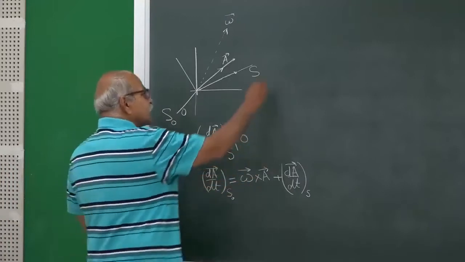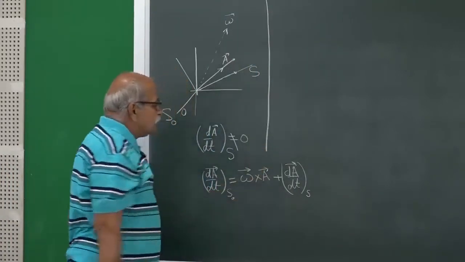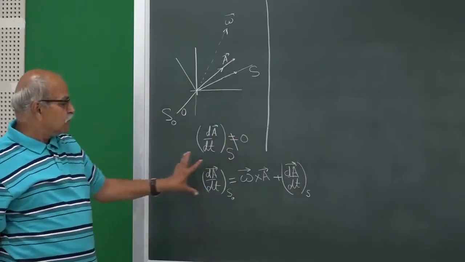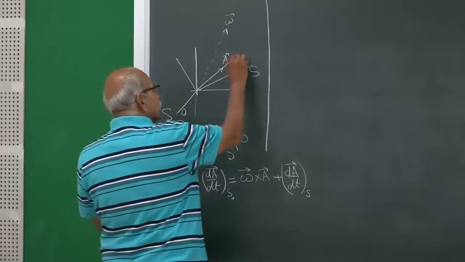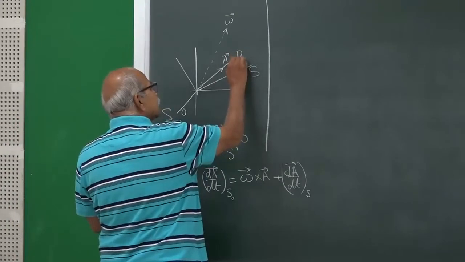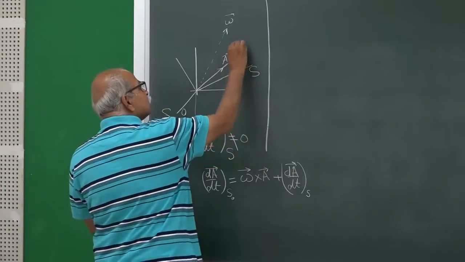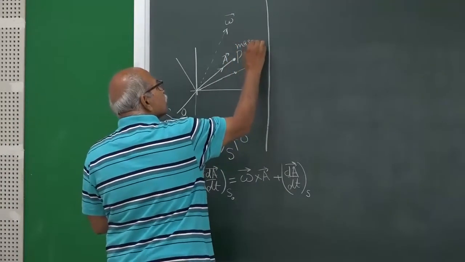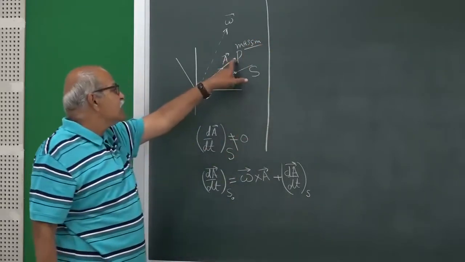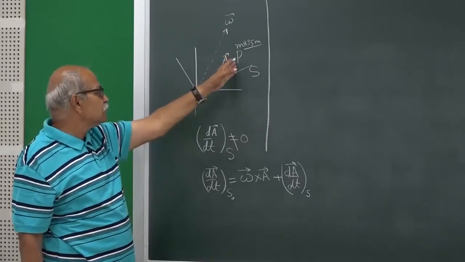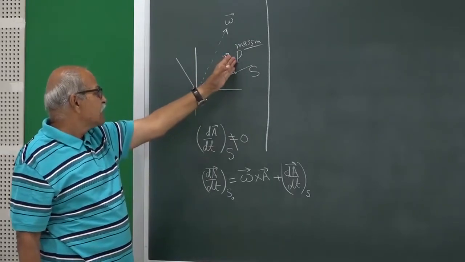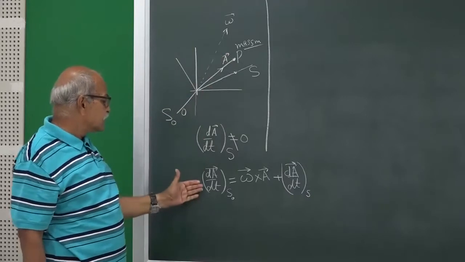So, this is what we had done, and now we will apply this equation for the position vector of a particle. So, suppose this is now a point P, and here is a particle of mass m, and this may be moving in the S frame of reference also, this rotating frame of reference also. So, this is a position vector, and to this position vector let us apply this.